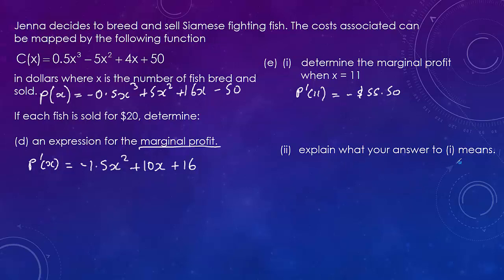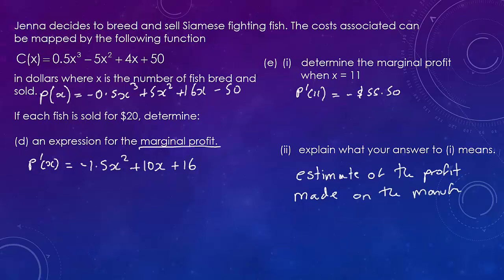Explain what your answer to 1 means. Well, actually, this is an estimate of, in this case, it's going to be a loss, so it's going to be the profit made on the manufacture and sale.